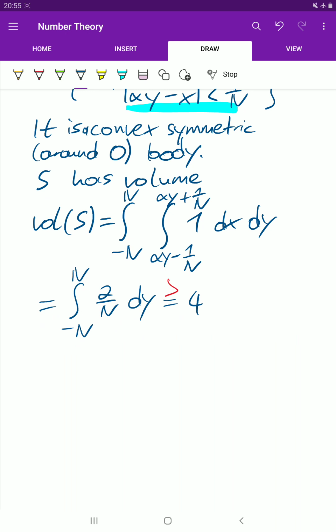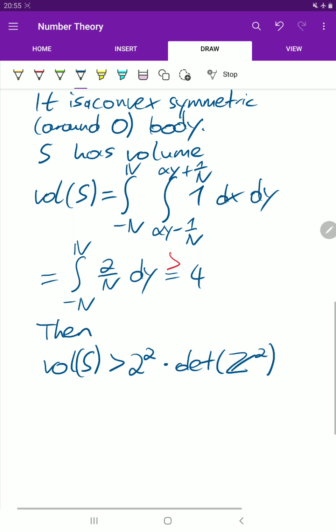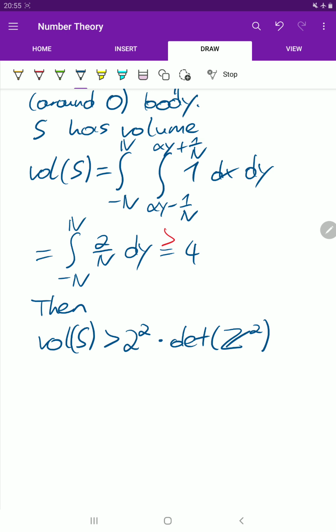So then we get that the volume of S is greater than 2 to the 2, which is 2 to the dimension, which is 2, times the determinant of our lattice, or co-volume of our lattice, and the lattice we consider is the lattice of integers, just the integer entries, and so this has determinant 1.